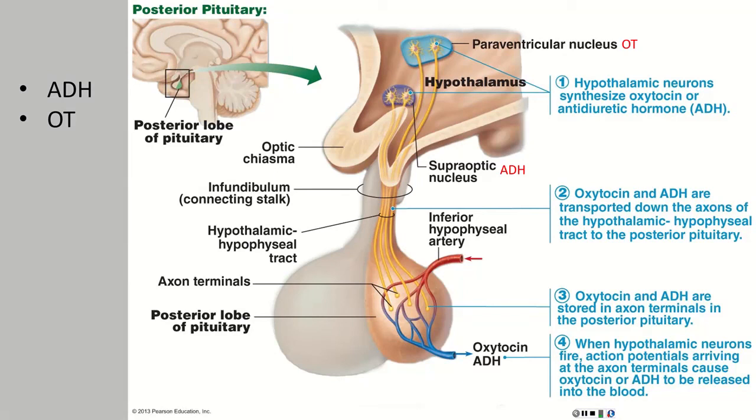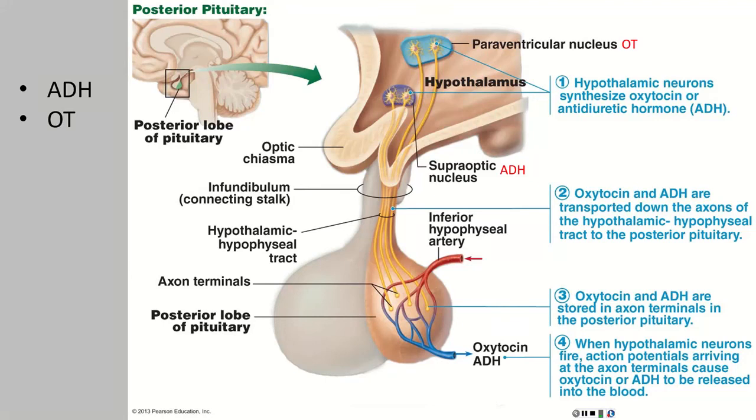In addition to increased plasma osmolarity, low blood volume, low blood pressure, but also pain and some drugs will stimulate the release of ADH. It is inhibited by adequate hydration. So when you've got plenty to drink, when you are well hydrated and your plasma osmolarity is low, then we inhibit the release of ADH.